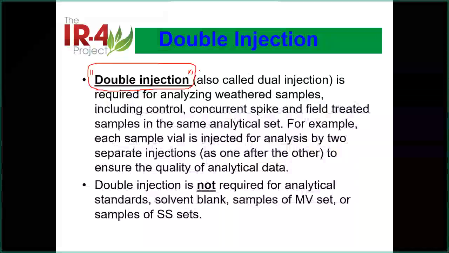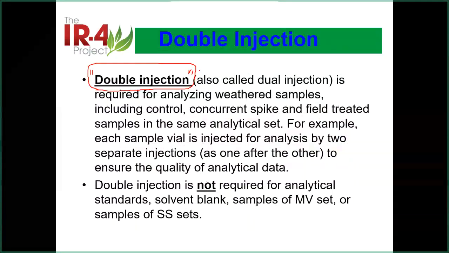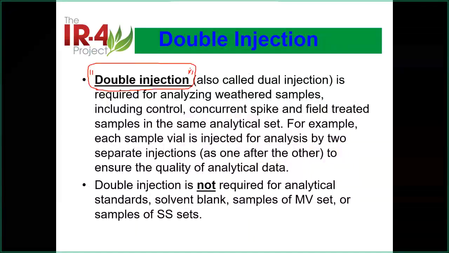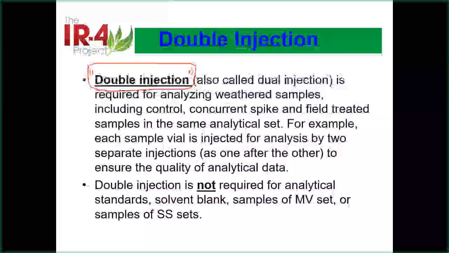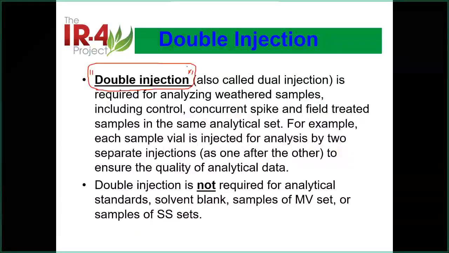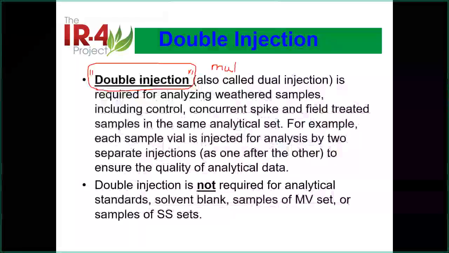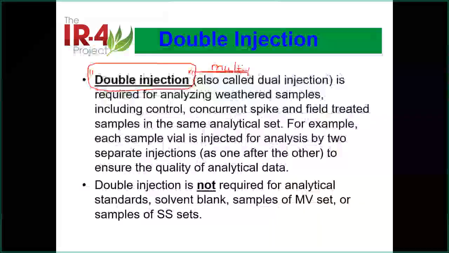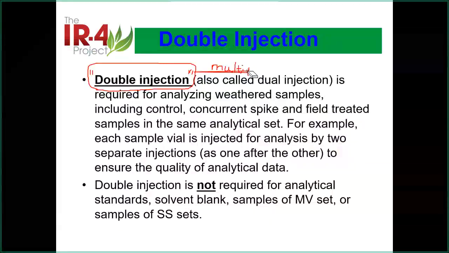So it is important, and it's necessary when you do the mitigation study, when you do EPA work, and when you submit the JMPR petition for pesticides. So yes, let's do it. Sometimes we call it multiple. Multiple means you do more than one, but you do not have to do double, which is side by side.